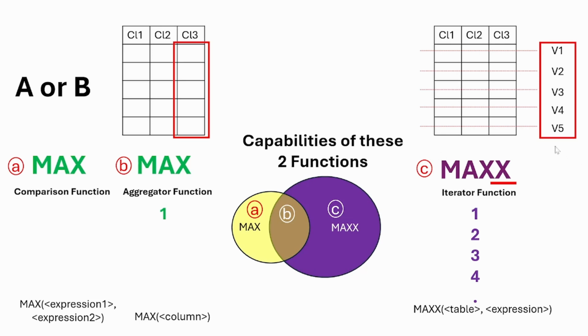Now, MAXX can recreate only the aggregator part of the MAX function and it cannot do any comparison. That's why, as you can see in the diagram, MAXX cannot perform the comparison between two values.